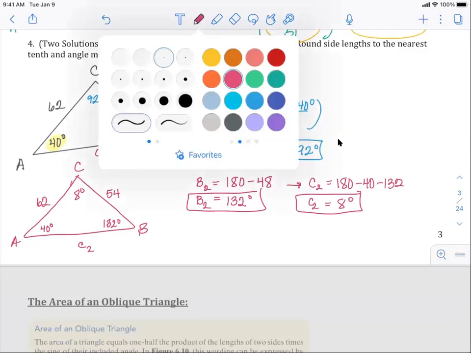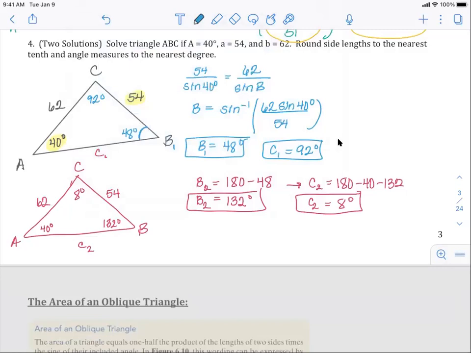So let's do the top triangle in blue. Based on this information, I have 54 over the sine of 40 degrees equals C1 over the sine of 92 degrees. Sorry, I had the wrong angle at first. We're doing this pair right here.